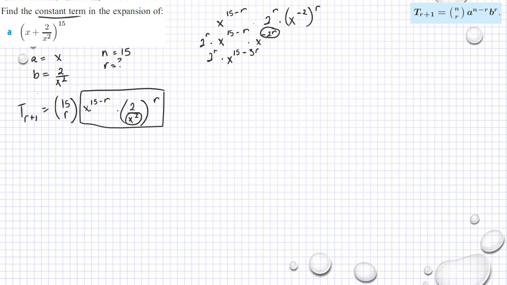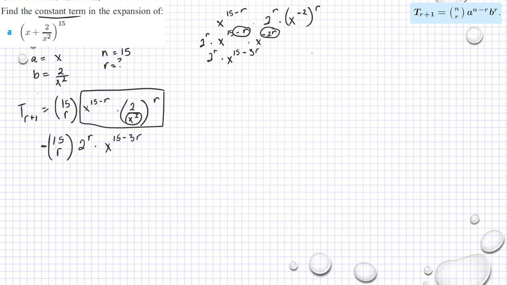This one. Okay, then I'm going to put it here now: 15 taken r multiplied by 2 raised to r multiplied by x raised to 15 minus 3r.